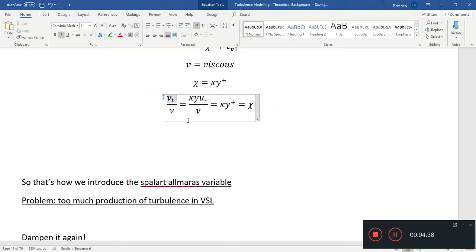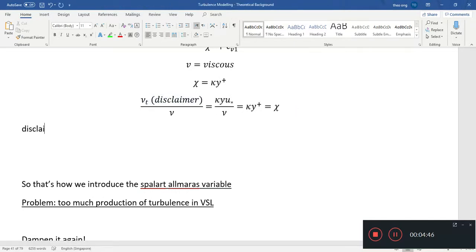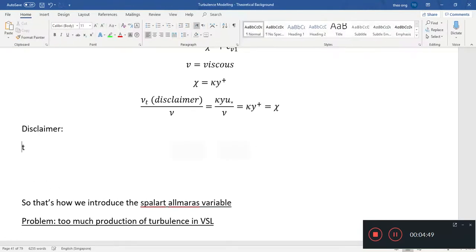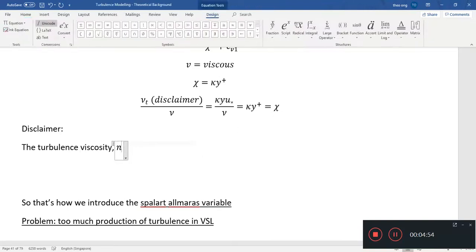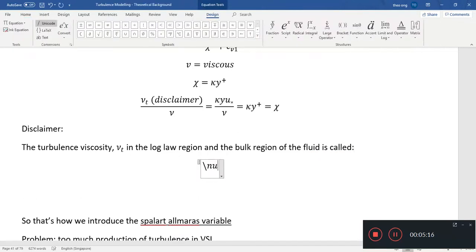So, a disclaimer: the turbulence viscosity nu t in the log law region and the bulk region of the fluid is called nu tilde.